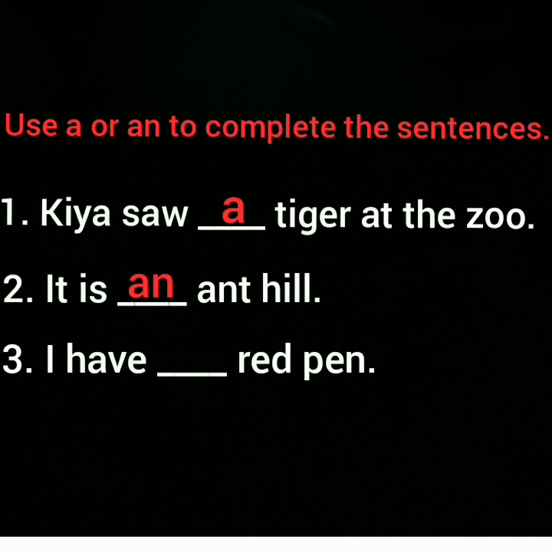Number 3. I have dash red pen. Kids, now tell me which is the first letter after dash? Yes, R. And R is a consonant. So we will write A. I have a red pen.